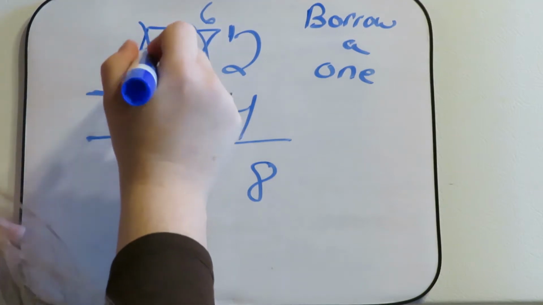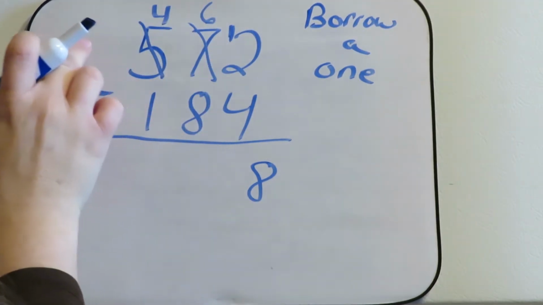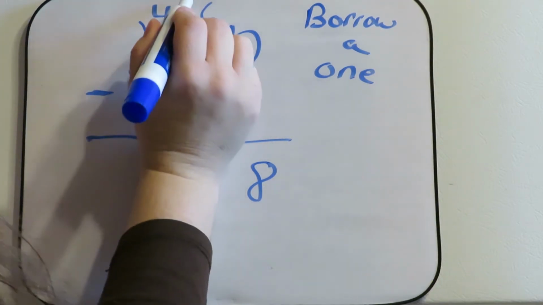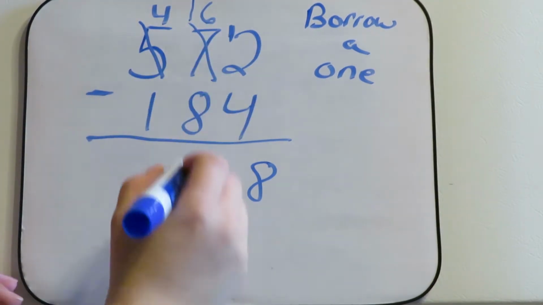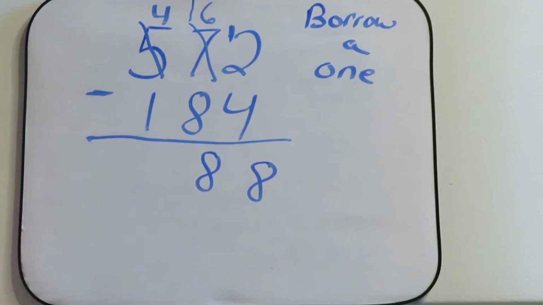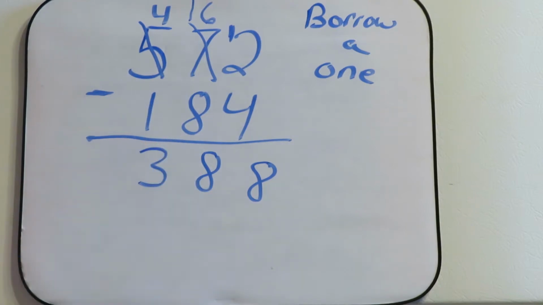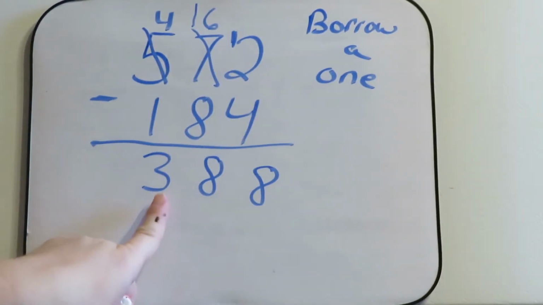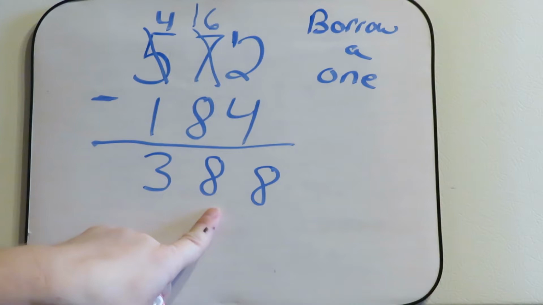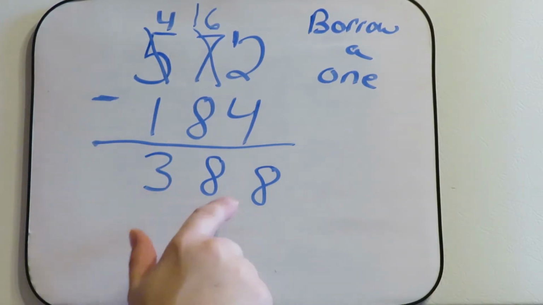We have to borrow a 1 again. We change the 5 into 4, add the 1 to 16. 16 minus 8 is 8. 4 minus 1 is 3. Therefore, our answer is 388. Our answer, or the difference, is 388.